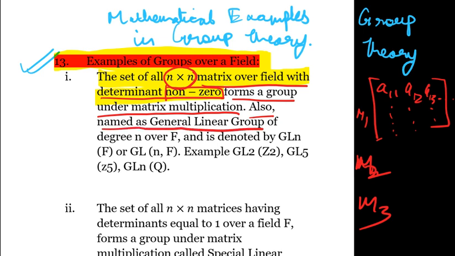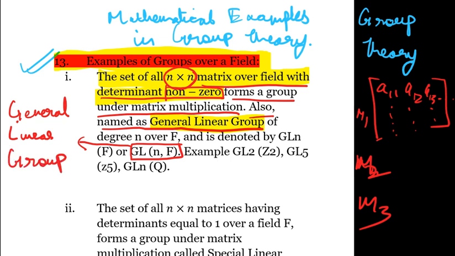You might want to mark this with your highlighter, because many times you will see notations like this. This means general linear group, GL.